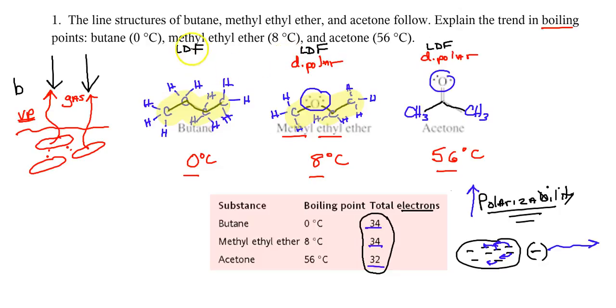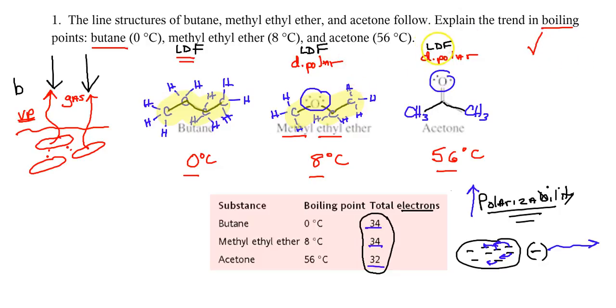So one thing I could say is that the reason butane is going to have a lower boiling point, which means weaker attractive forces, needing less heat to vaporize and match the atmospheric pressure, is because it only has LDFs, while the other two molecules have LDFs and dipolar forces. That would be the best way to explain this.